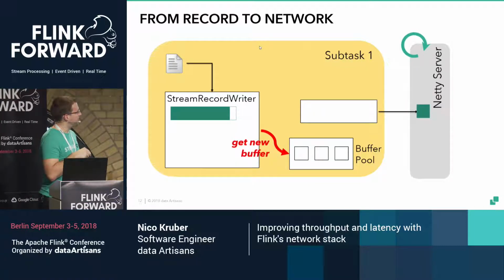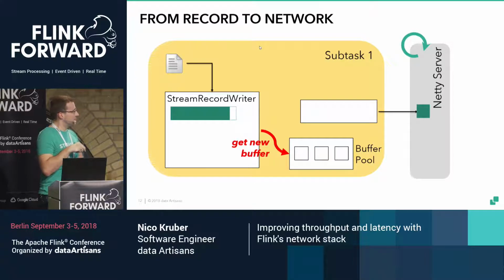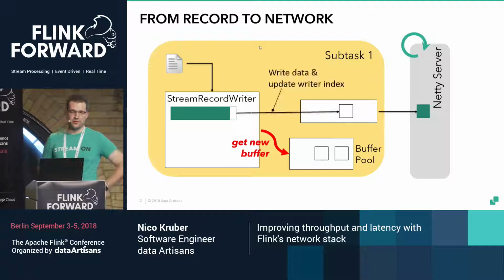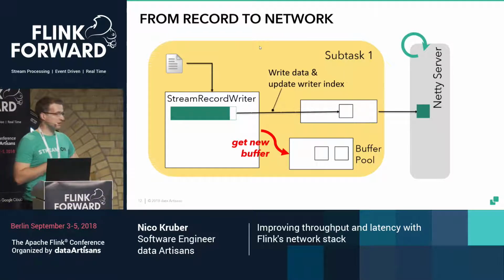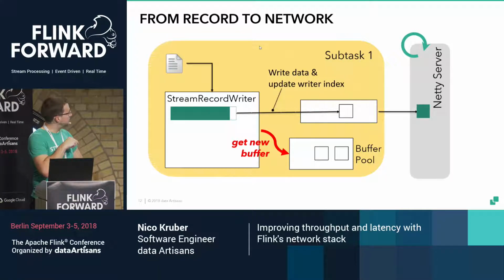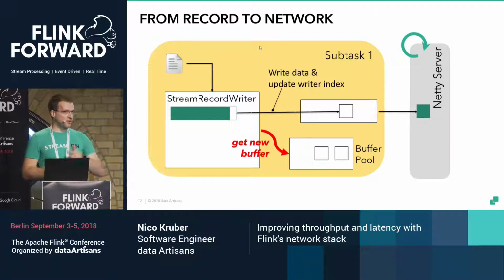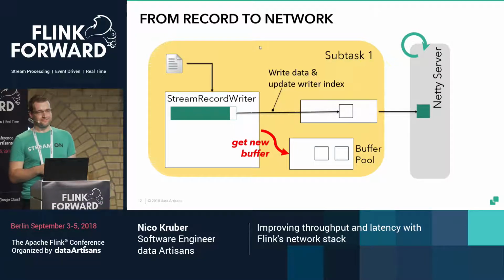And then we don't have a buffer anymore, so we will ask the buffer pool for a new one. And we'll eventually get one and go back to where we were before. We will continue writing from the rest of the record. If a record fits into a buffer and doesn't fill it up, then we'll actually wait for the next record to add more data to it.